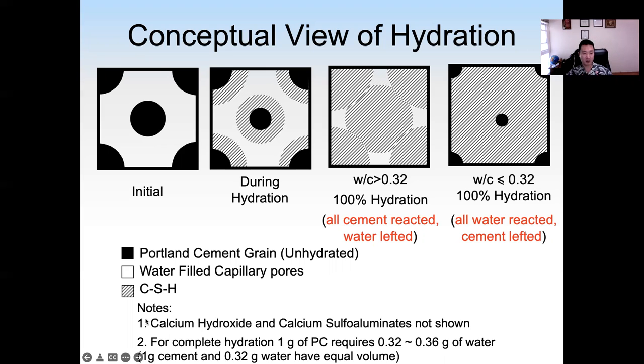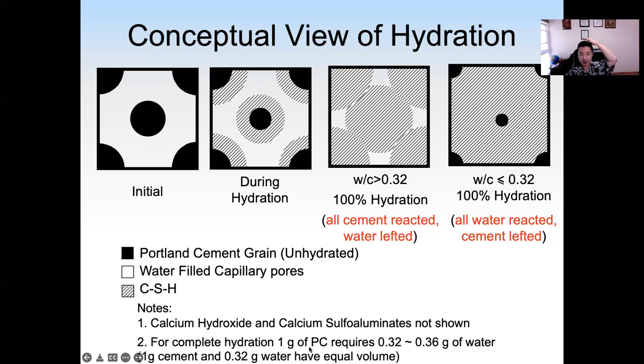Here, calcium hydroxide, AFT and AFM are not shown, only the major hydration product, which is CSH. And here's the important note, note number 2. It says for complete hydration, 1 gram of Portland cement, PC, requires about 0.32 to 0.36 gram of water.